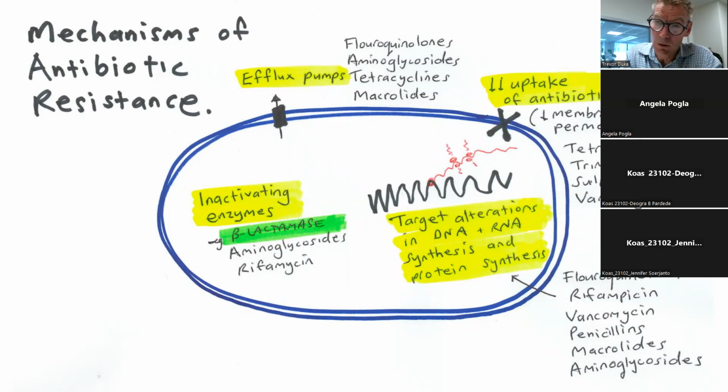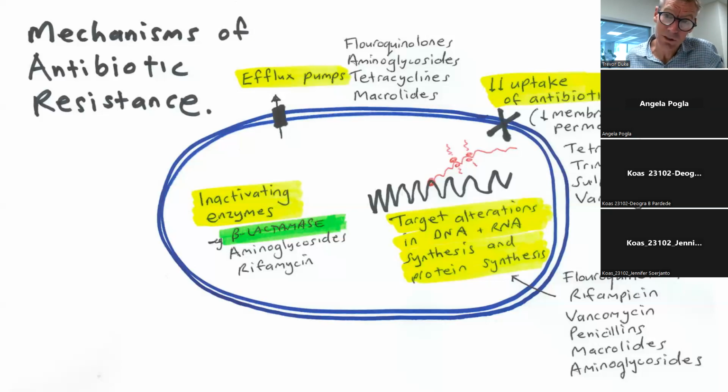Sometimes there's a block in the uptake of the antibiotics within the cell. So tetracyclines, sulfonamides or cotrimoxazole and vancomycin, where you've got resistance to those bacteria, it's usually because of a block in the uptake of the antibiotics within the bacteria. And in some antibiotics, there are enzymes that inactivate the antibiotic.